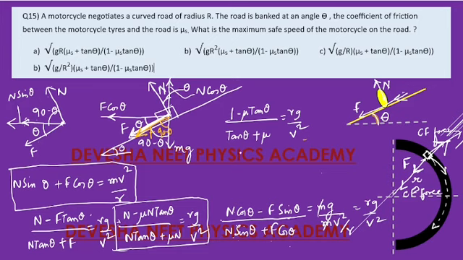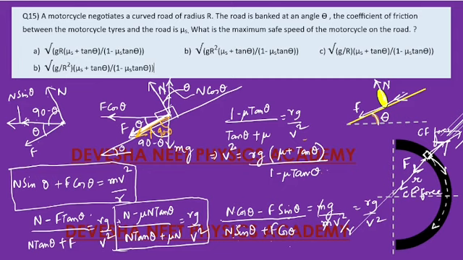Okay, so we need to find the speed, right? So v square is equal to rg times (mu plus tan theta) on (1 minus mu tan theta).